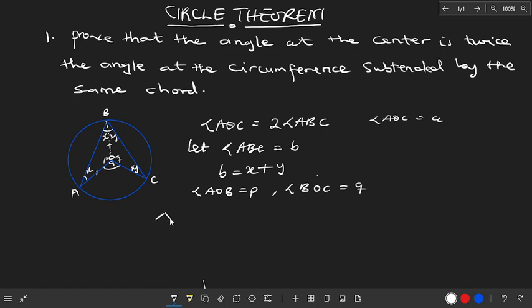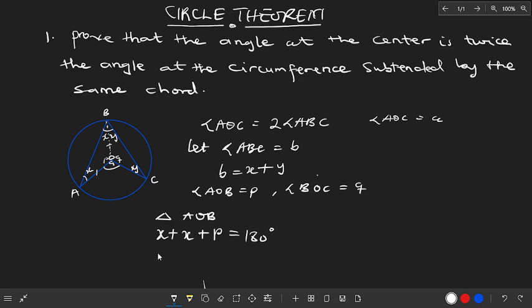Now from triangle AOB, we know that the sum of the interior angles of a triangle is 180 degrees. So we can write that X plus X plus P is equal to 180 degrees.